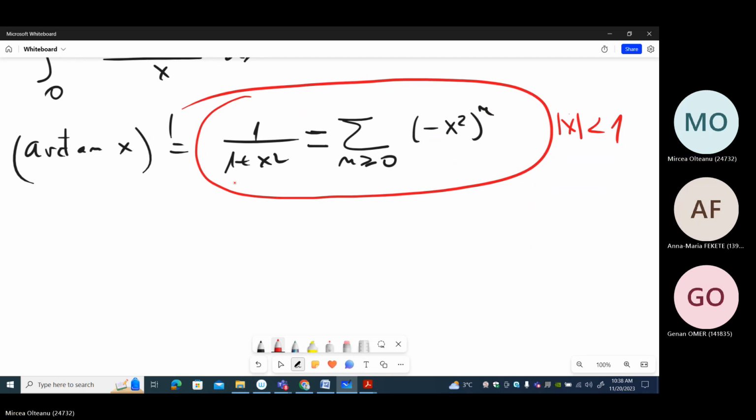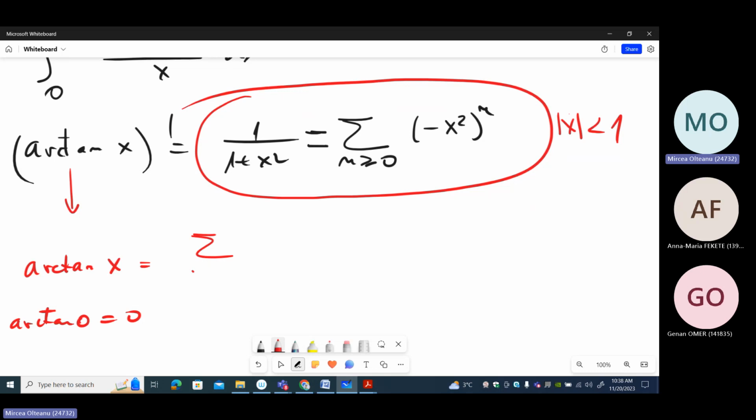Okay. So now, in order to obtain the power series for the arctangent, we need to integrate term by term, but attention, after that we need to think what primitive we should take. Well, arctangent of 0 equals 0, so we need to take that primitive which vanishes at 0. Okay, so now we shall integrate term by term.